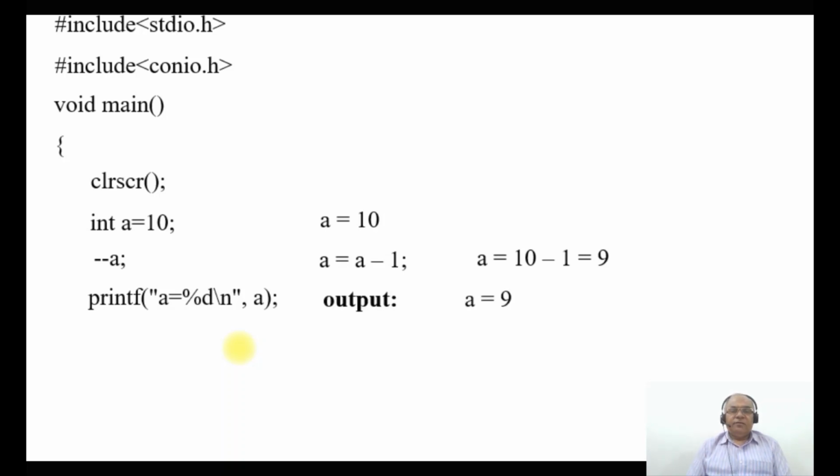So the output will be a equal to 9. So getch function. That means whether you are going for the pre-decrement or the post-decrement, in both cases the value of the variable will not change when you are using a single variable. Please remember this, either in the increment or also in the decrement.